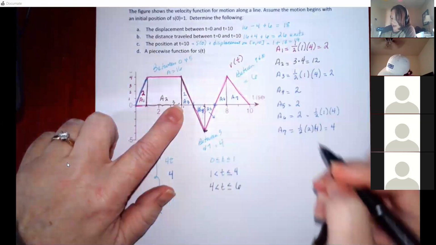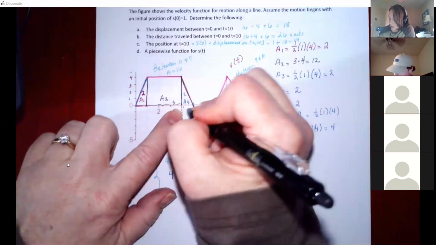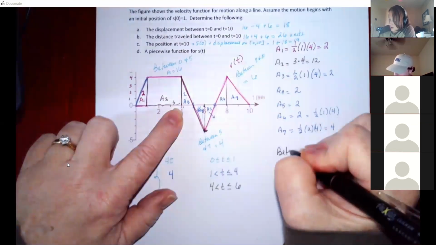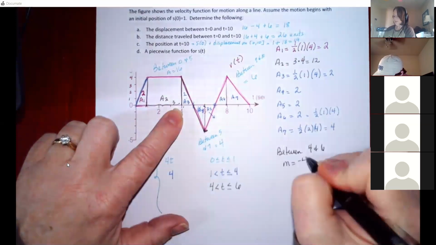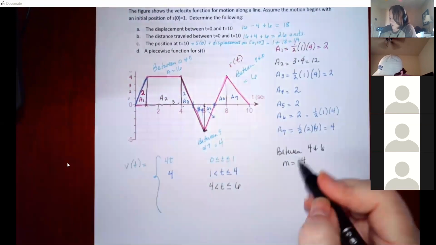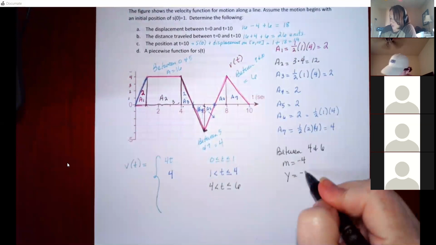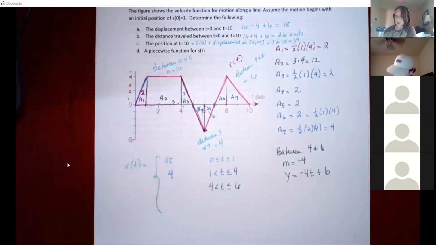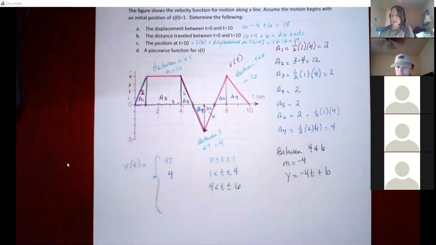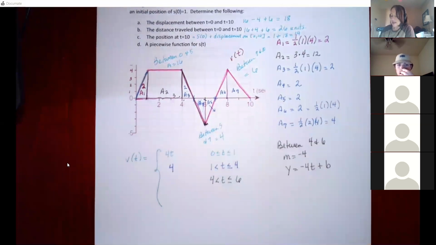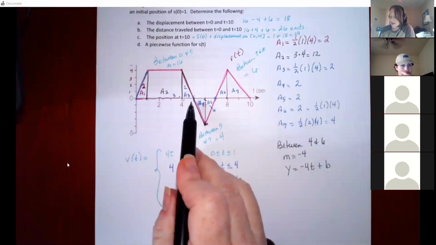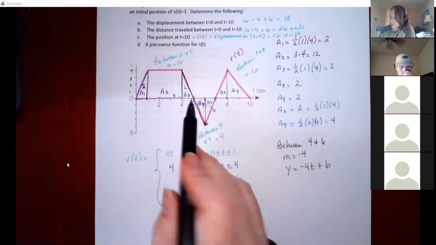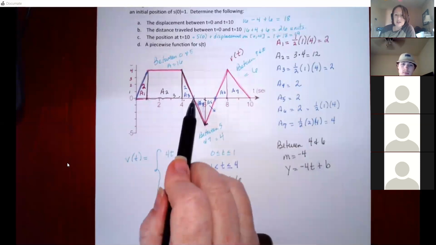All right. So for the black part between 4 and 6, the slope is -4. So we would have y equals -4t plus b. To figure out what that b is, or the y-intercept of the equation of this line, we just need to pick a point on that line segment and plug it in. I'm going to plug in the point (5, 0). Why do I use (5, 0)? Just because 0 is easy to plug in.